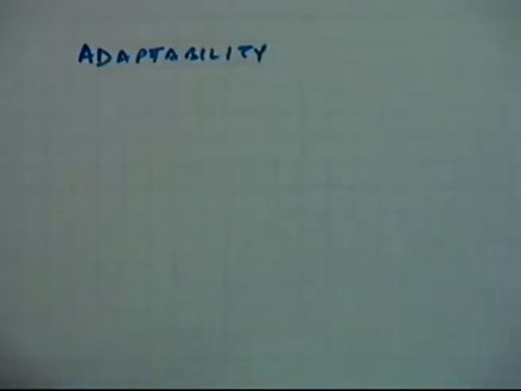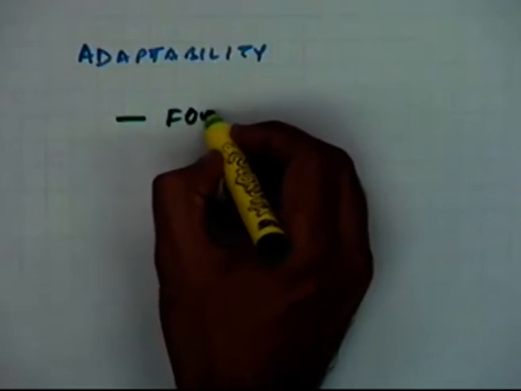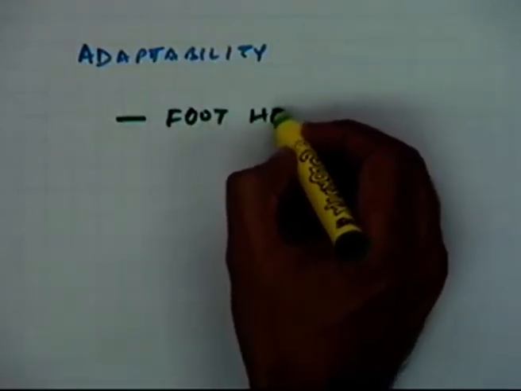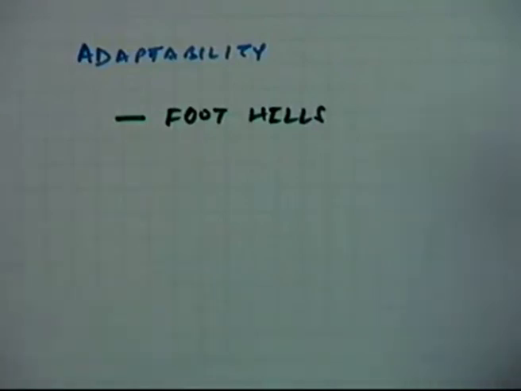From the adaptability point of view, you will find this method quite useful in terms of foothills. Those areas lying on the foothills have slight undulations, but the slopes are not very steep, and at the same time you cannot afford to form or relay these areas because the soil depth is quite shallow.